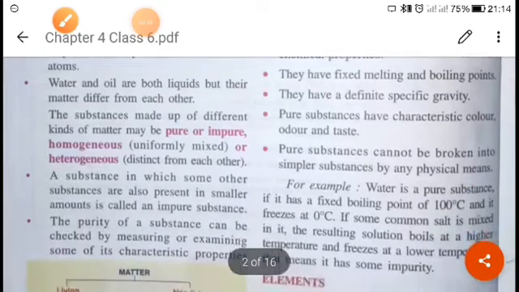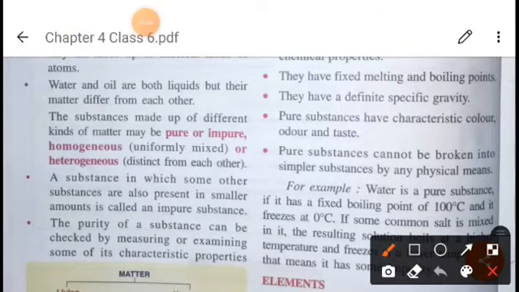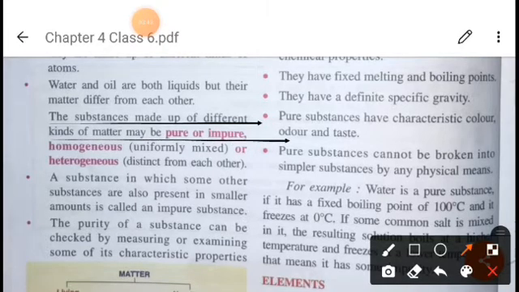Now next, the substance made up of different kinds of matter may be pure or impure. Means whatever substance is made up of different kinds of matter, it may be categorized in two forms, which are pure and impure, okay?